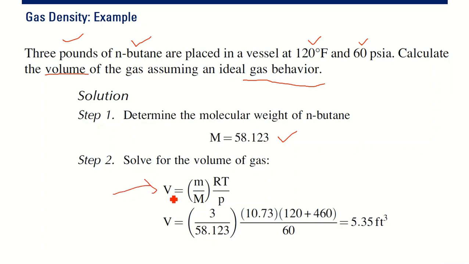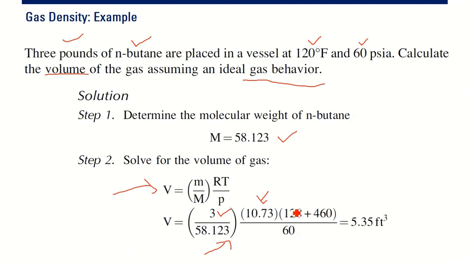And then you can just use this equation. The volume is m, the mass, 3 pounds here, divided by the molecular weight, 58.123, multiplied by R. R is 10.73, multiplied by temperature. Temperature is 120 in Fahrenheit, but you need to change to Rankine.